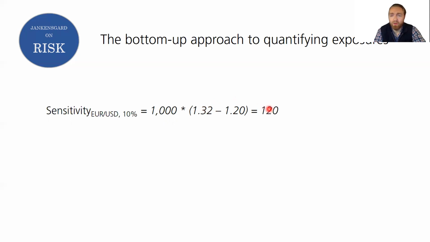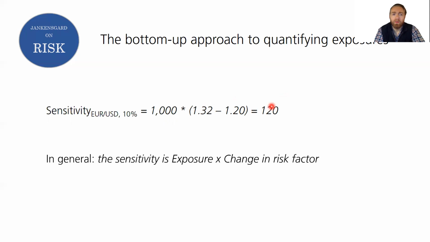And that gives us a 120 sensitivity. So if the exchange rate were to go from 1.2 to 1.32, we can expect this change in corporate performance. So we have a general conclusion here, which is that the sensitivity is given as exposure times the chosen change in the risk factor.